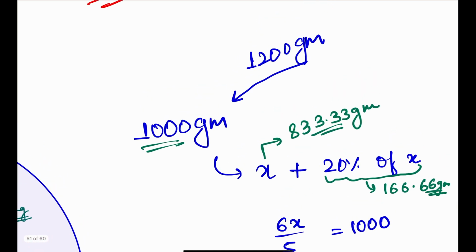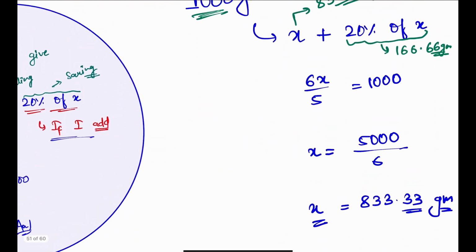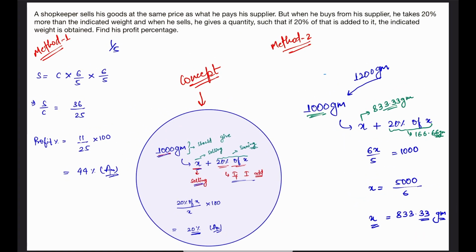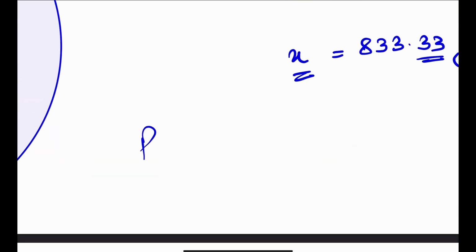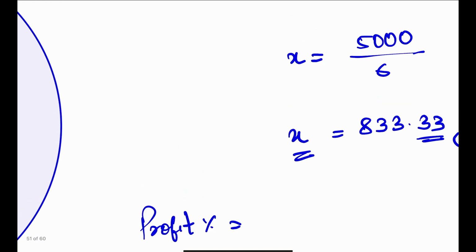So what I can say in that question is that I am selling 833 gram and I am getting 1200 gram for the same 1000 gram only. Okay, so what I can say, my profit percentage in this one, let me just bring it a little bit to the top so that I can do the calculations. Yeah, so in this case my profit percentage will be from 1000 gram.